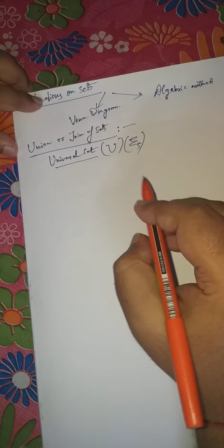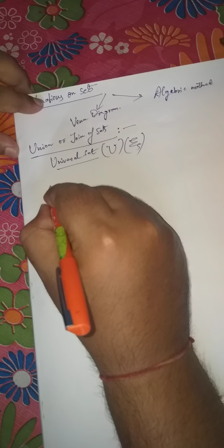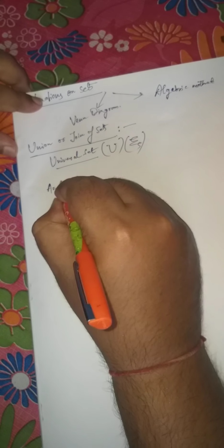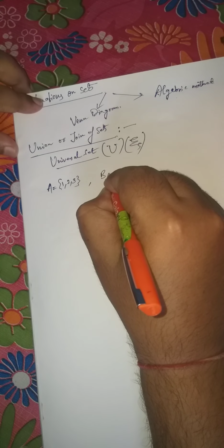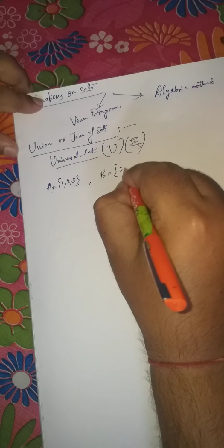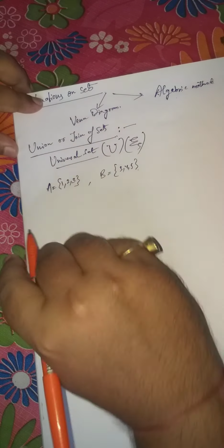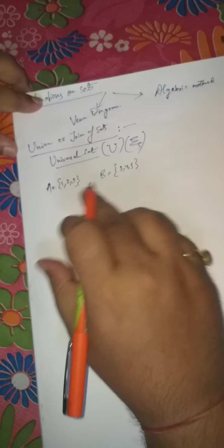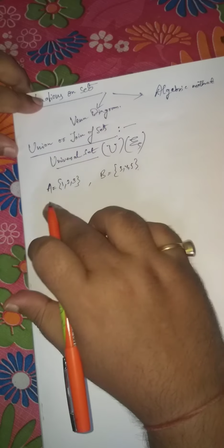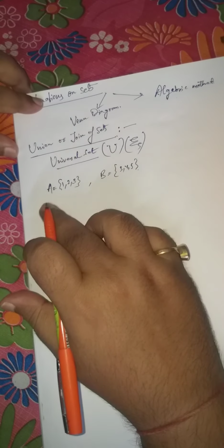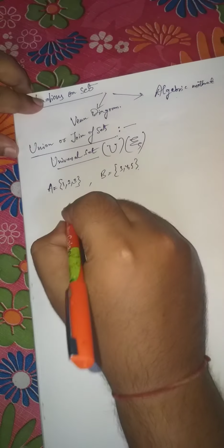So what is the universal set? Consider two sets. Suppose A is {1, 2, 3} and B is the set {3, 4, 5}. If you want to perform operations on these two sets, they should be governed by a given set.